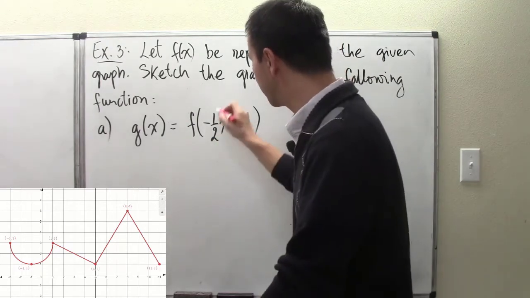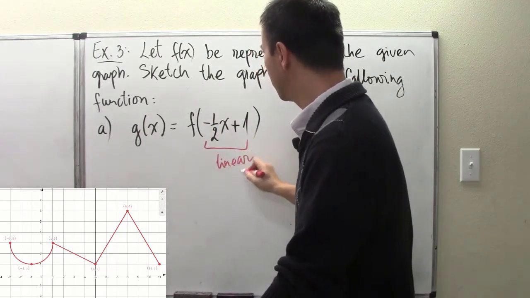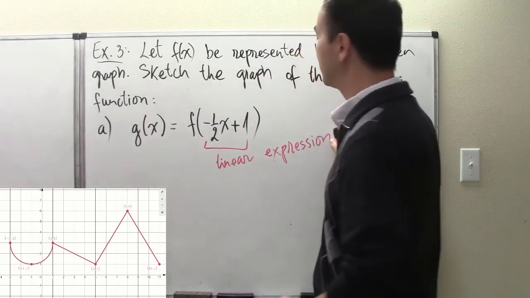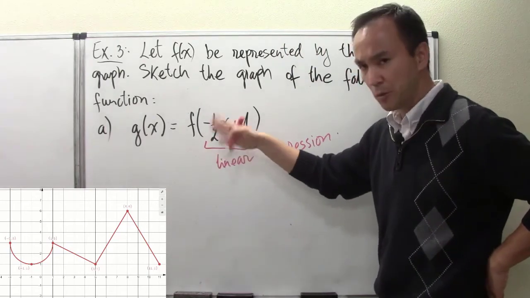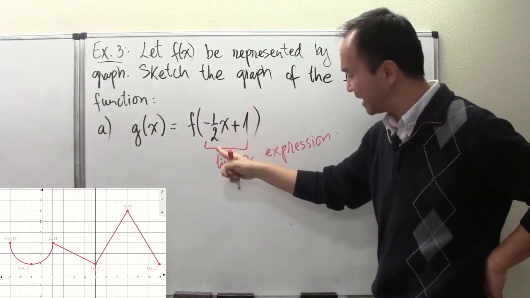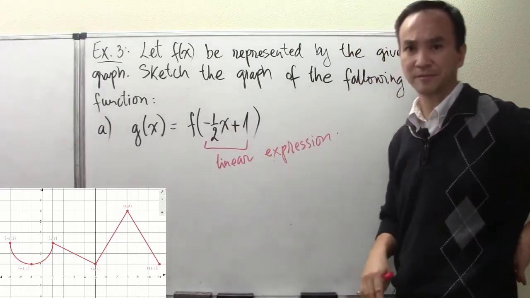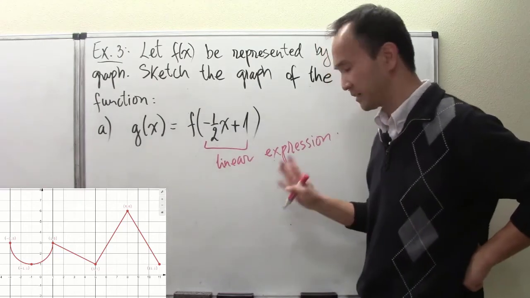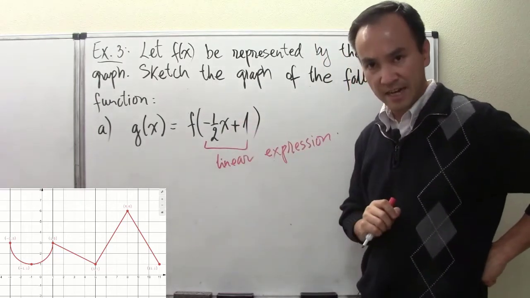There's a coefficient in front of the x term, no parentheses, and then plus 1. So it's in that ax plus b form, and generally speaking, I see this as a linear expression.